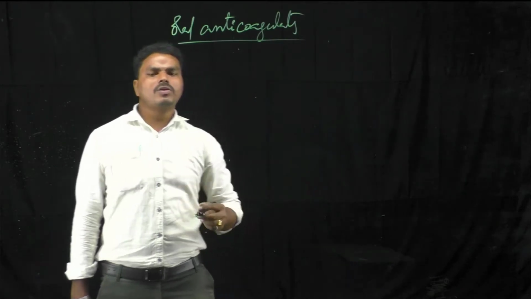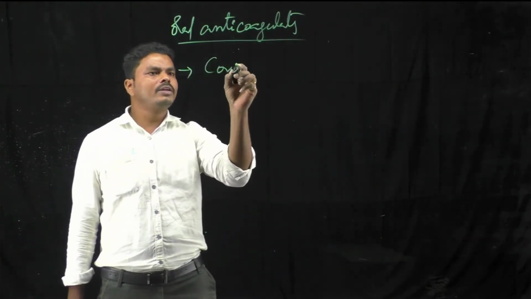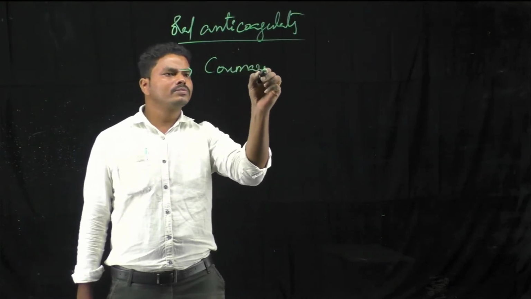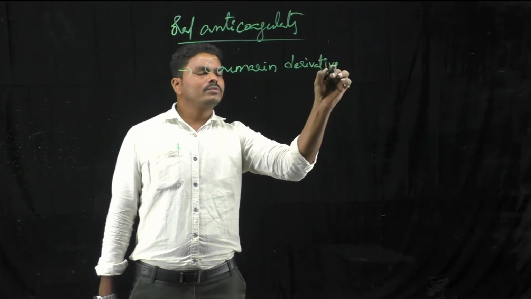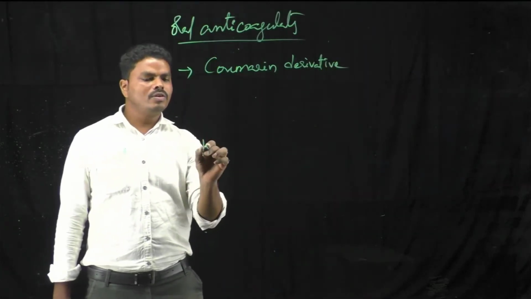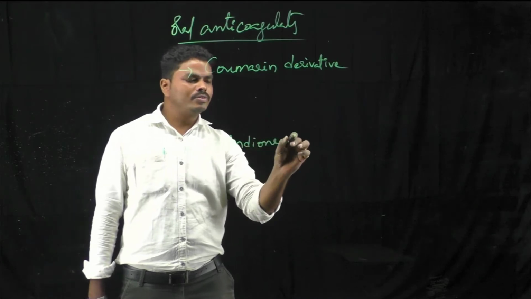And here oral anticoagulants are of two types. First one is coumarins or coumarin derivatives, and second one is the 1,3 indione derivatives.